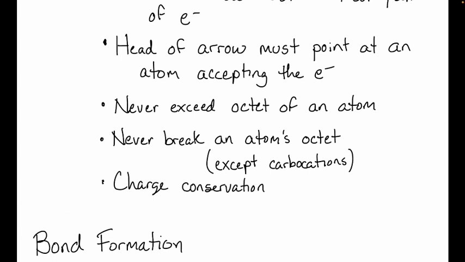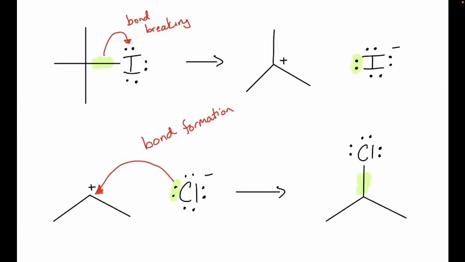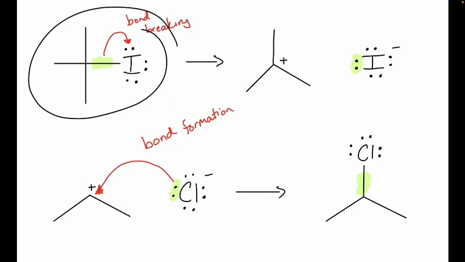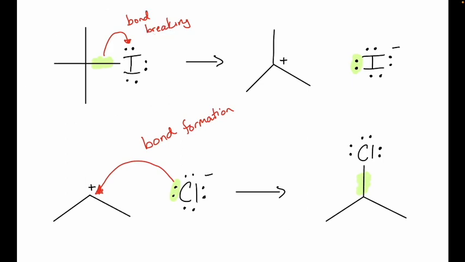All right, and another good example is that very first one that we did. This molecule on the left-hand side was neutral, so I have a net charge of 0. On the right-hand side, I made this negatively charged iodide ion, but I also made this positively charged carbocation, right? So I still have a net charge of 0. So just keep that in mind. It doesn't mean that you're not going to see charges. It just means that the net charge on both sides of that chemical equation has to be the same.